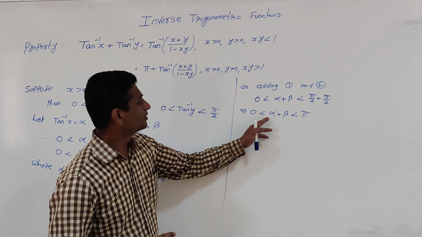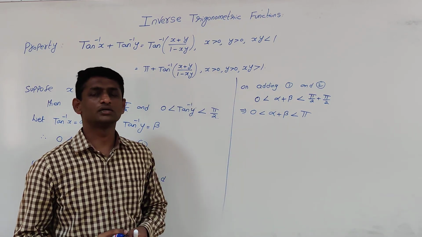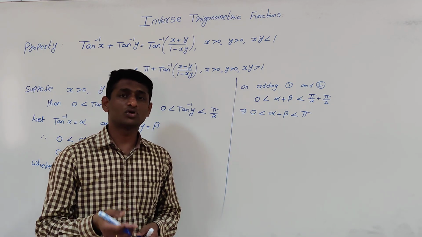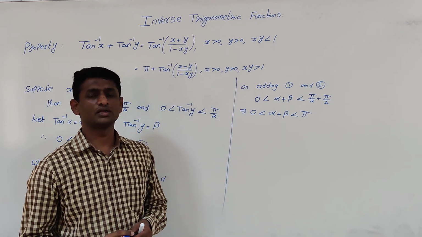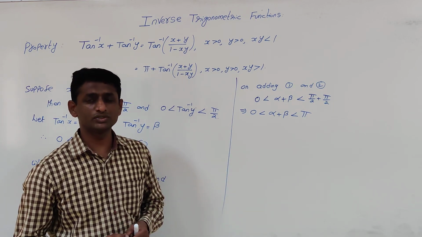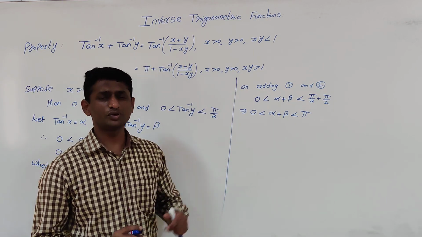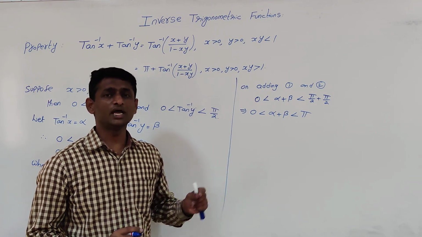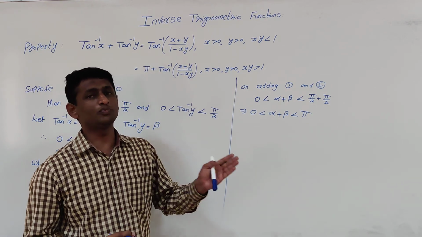And alpha plus beta from 0 to pi means first quadrant as well as second quadrant. In the first quadrant, the tangent of alpha plus beta will be positive for 0 to pi by 2, and it is negative from 90 degrees to pi.